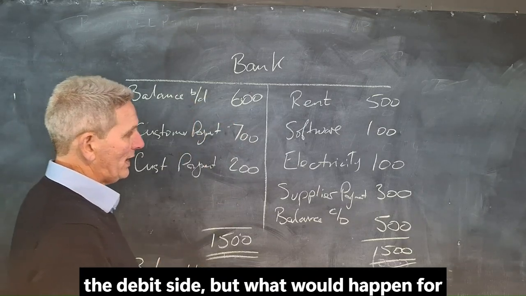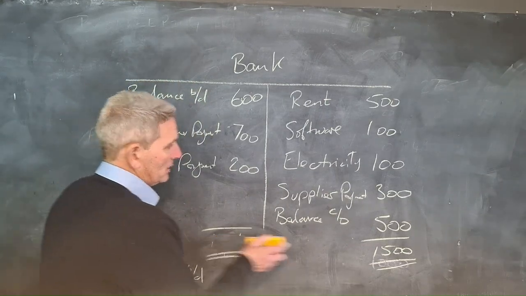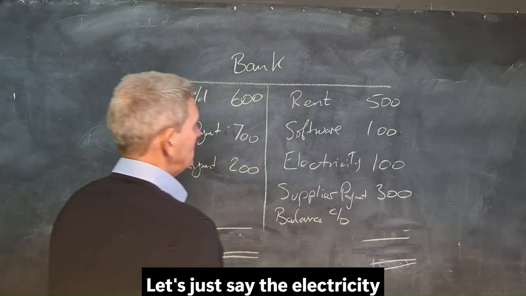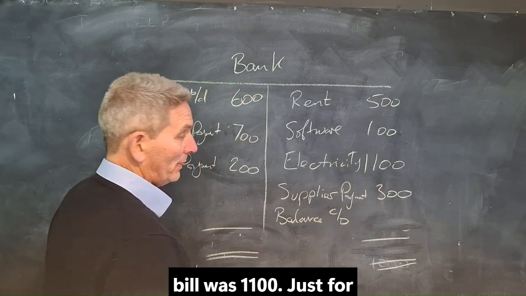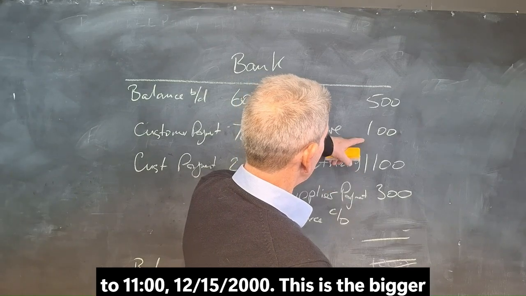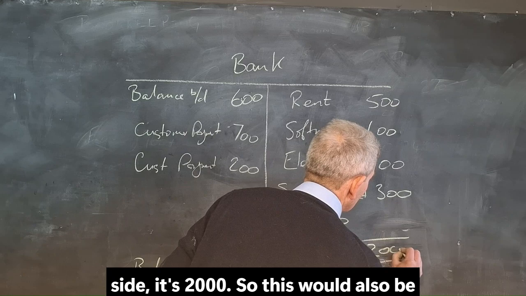But what would happen, for example, let's just say the electricity bill was 1,100, just for example. So the credit side now adds up to 2,000. This is the bigger side, it's 2,000.